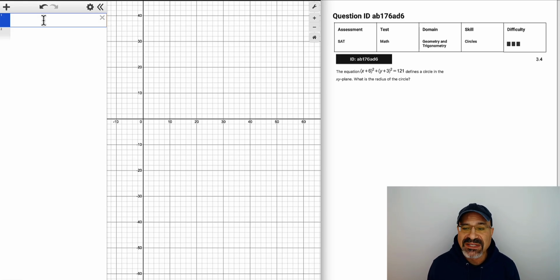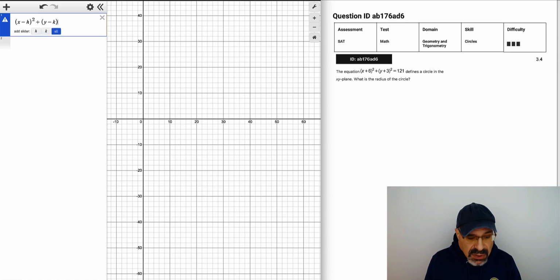But we don't need to do that, because if you know your formulas, you'll know that the formula for a circle is, given that the center is HK, it's x minus h quantity squared, plus y minus k quantity squared is equal to r squared.